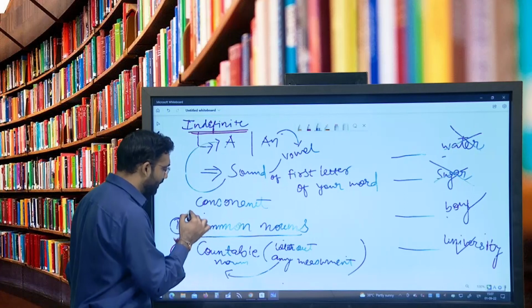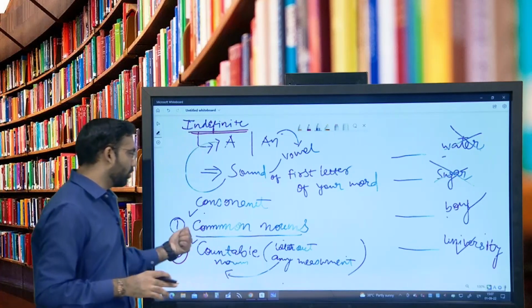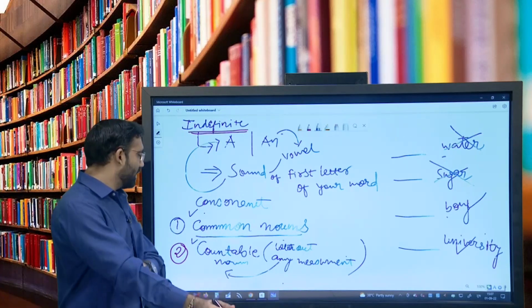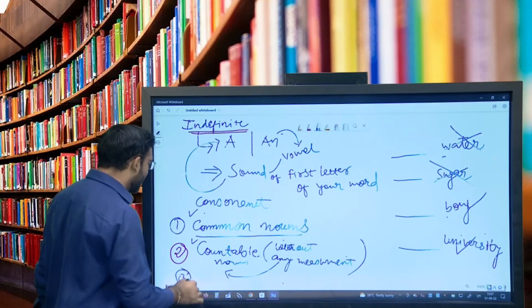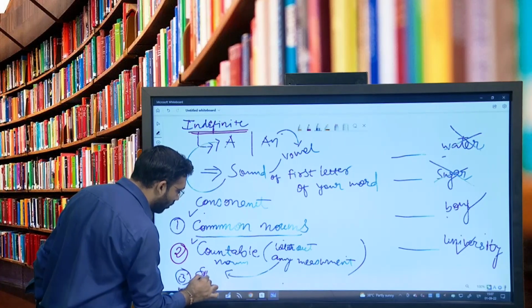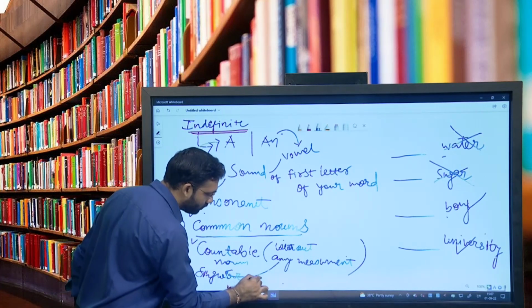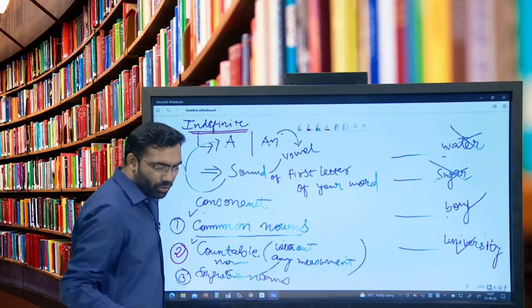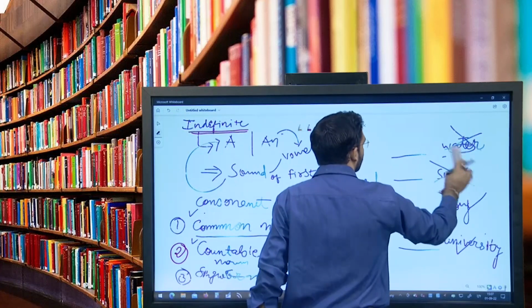That is the first condition: it should be used before common nouns. Second, it should be countable. And the third one, as I have said, is that it should be used before singular nouns. I am sure you know about singular and plurals.